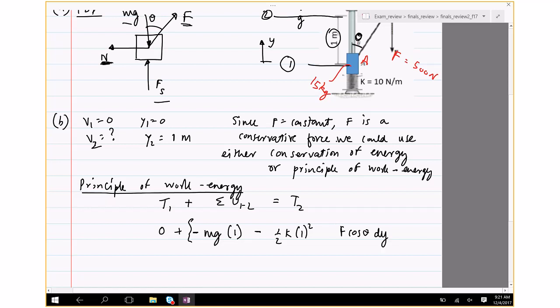And I think I need to integrate this. F cosine theta is F in this direction, dy is in this direction, so it's positive. I need to integrate this from y equals 0 to y equals 1, and that equals half m v squared, which is the final energy.